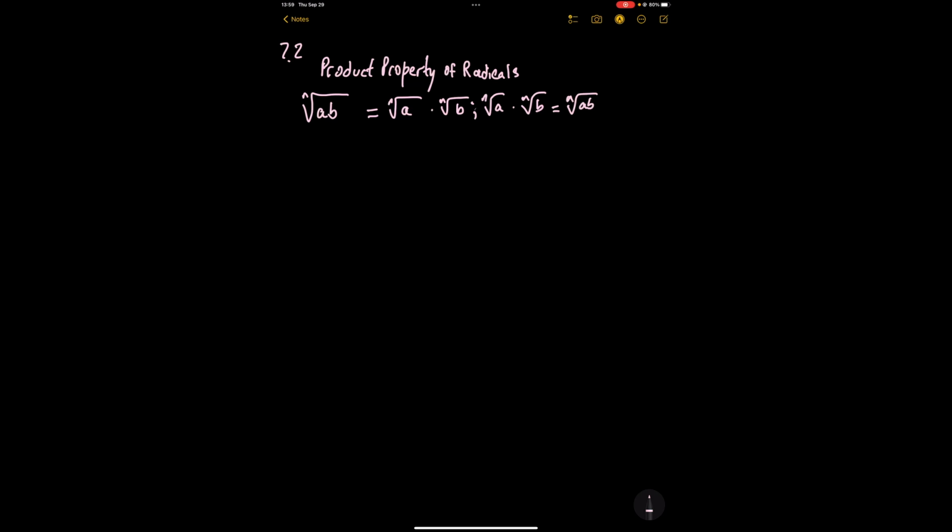Number two, when you are adding or subtracting radical expressions, there is something that you need to do first.